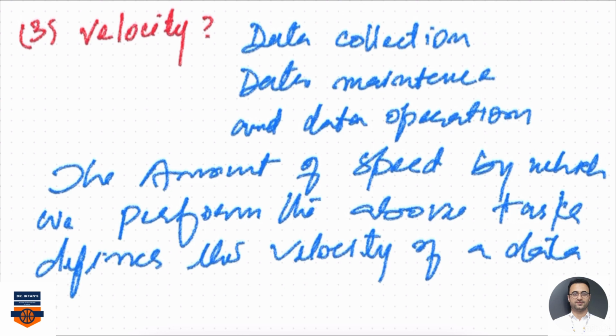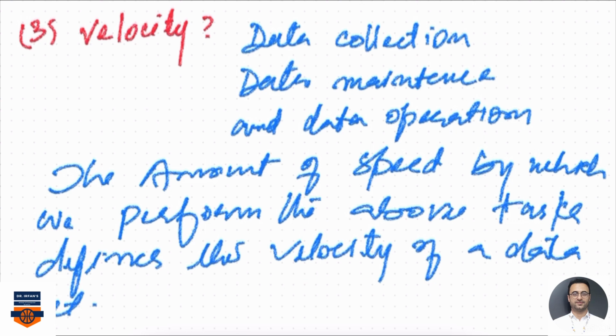So again, it is the characteristic feature of big data, wherein we maintain the data collection speed, the data maintenance throughput, and the data operations throughput, and the speed by which we perform these activities is considered to be under the tagline of velocity.